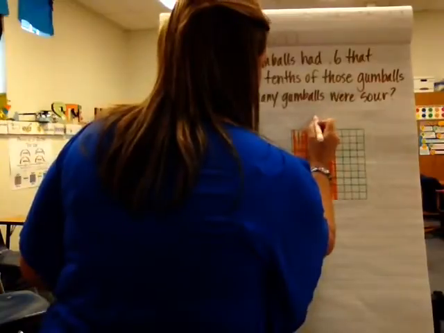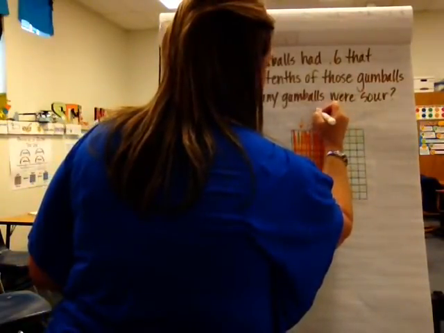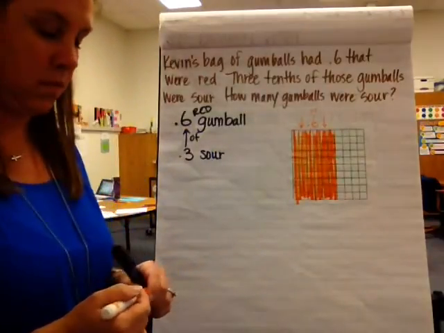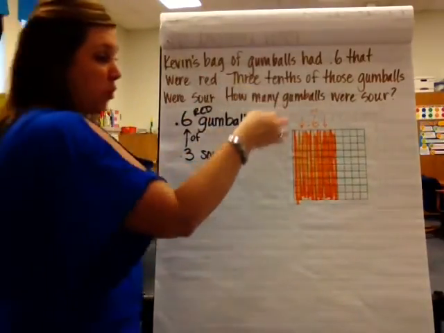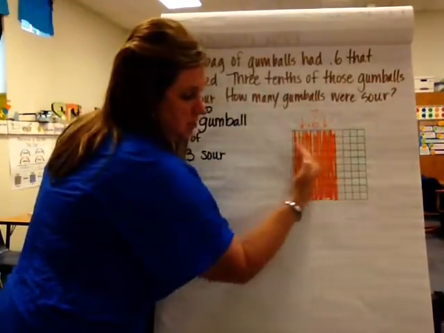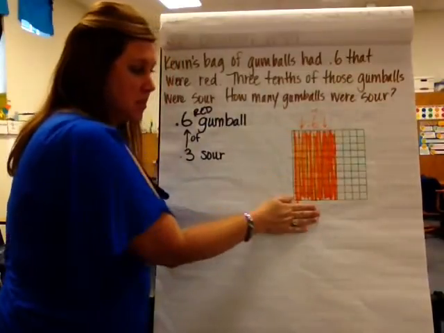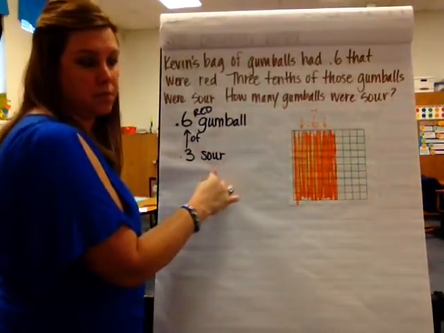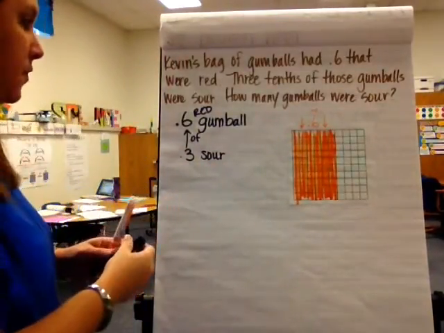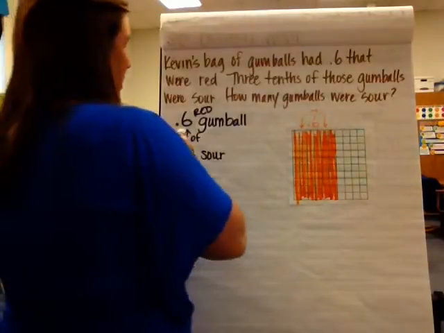Okay, this is my 6/10. Those are my 6/10 of my red gumballs. Okay, so now 3/10 of these, just this, not 3/10 of the entire bag, 3/10 of these are sour. Okay, so now I go back, get another color, and I got to show my 3/10 of that.